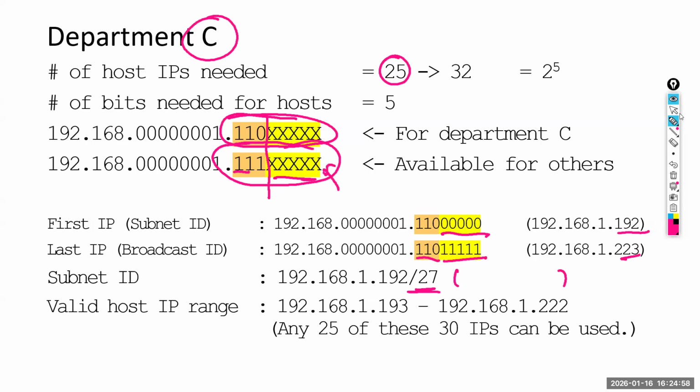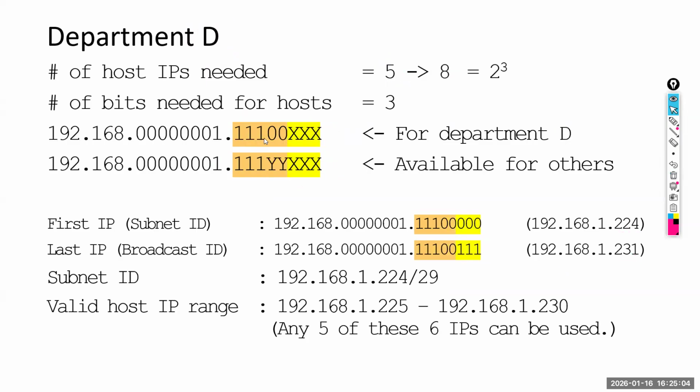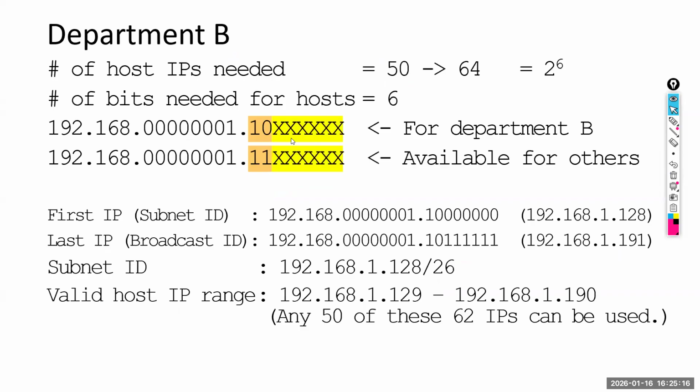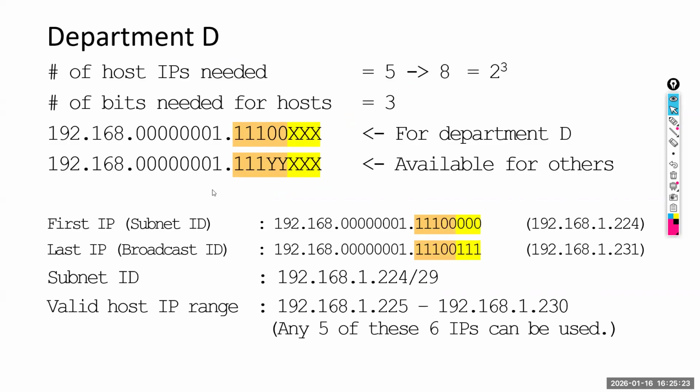So there are two options here because 111 is there. One option is you allocate this entire block to Department D, or you just take the minimum number of bits required, because you just need how many machines for the department? 5 machines, right? So therefore, even this is enough.